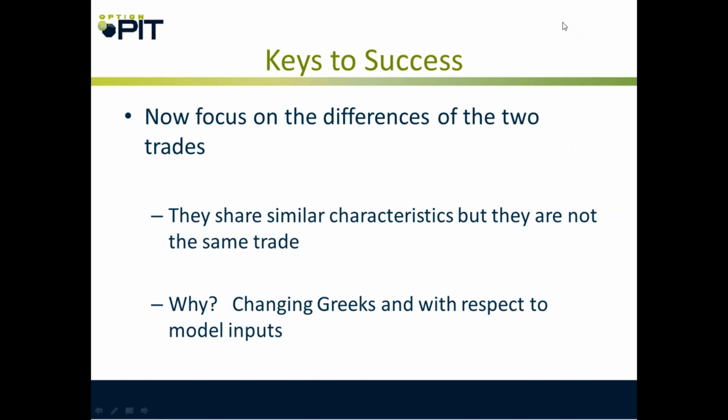So now let's focus on the differences between the two. They share similar characteristics but are not the same trade. Why? Because of changing Greeks with respect to model inputs. As the inputs in the model change, the way the Greeks change is entirely different.